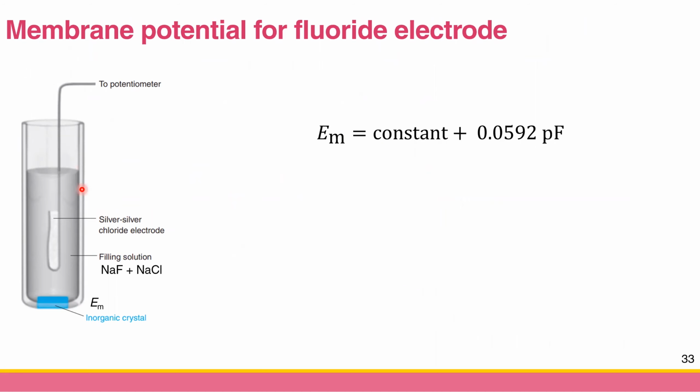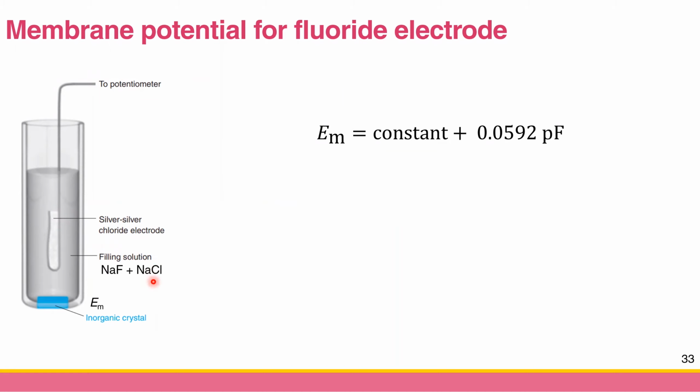The solution inside, you're going to have the fluoride solution, of course, because we want to detect fluoride. So you want the internal solution having fluoride. Here they have sodium fluoride. And then outside, you put your electrode in the test solution with another concentration of fluoride. But you can see here that since you need two electrodes, you have to have the internal silver chloride electrode as well, and that's why you need to mix in sodium chloride or sometimes potassium chloride.